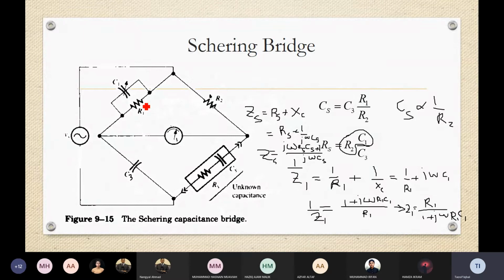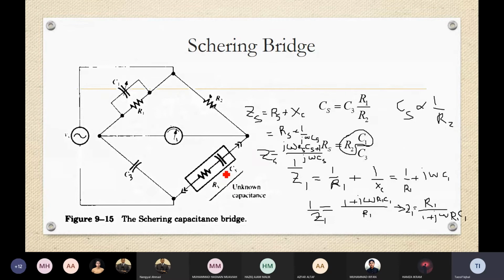Instead of R1 parallel, now we have C1 parallel as a variable capacitance, whereas R2 is the same. And then we have C3 as a pure capacitance. C1 is also a pure capacitor, but a variable one.